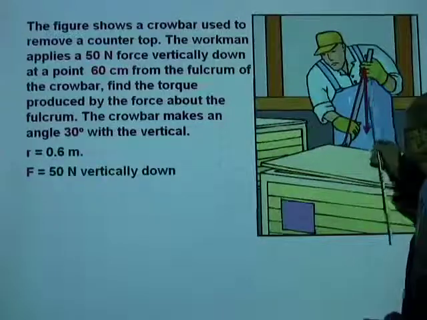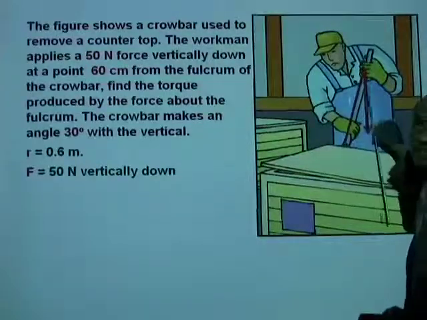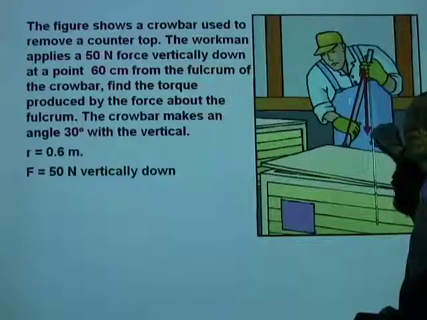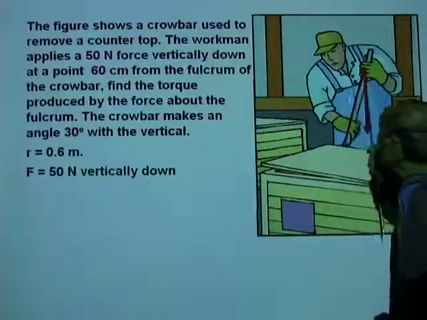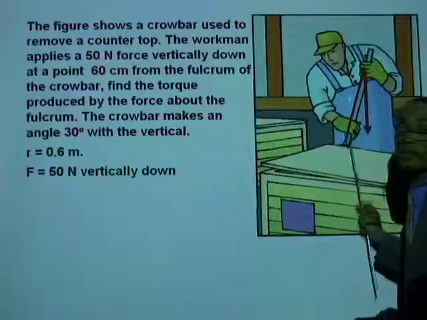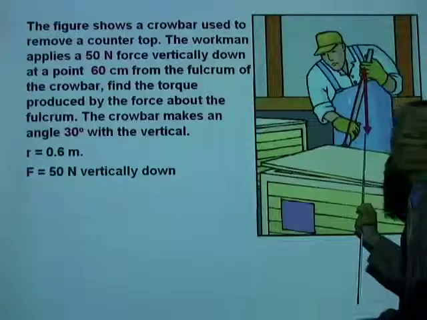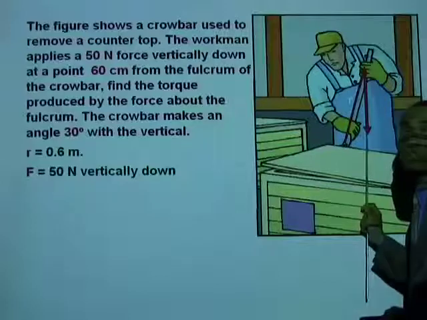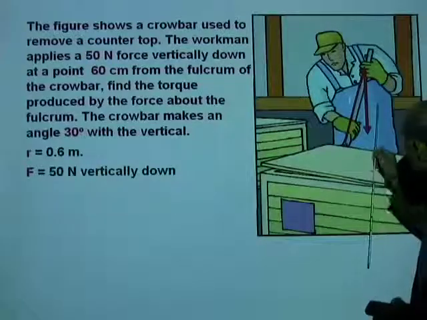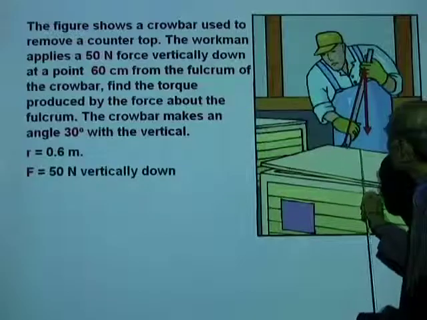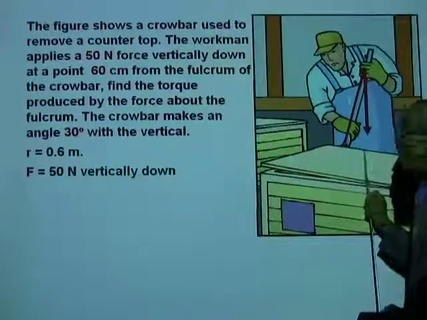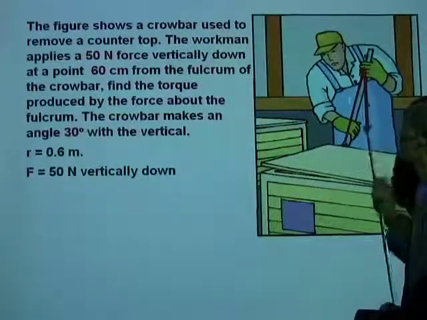Now, if you look at the R vector and the F vector, the torque arm will not be the whole of R here. The torque arm will be this distance, which will be R sine theta.